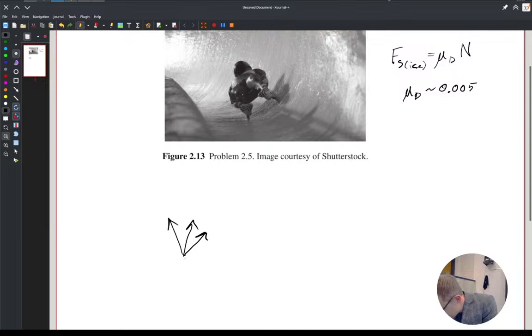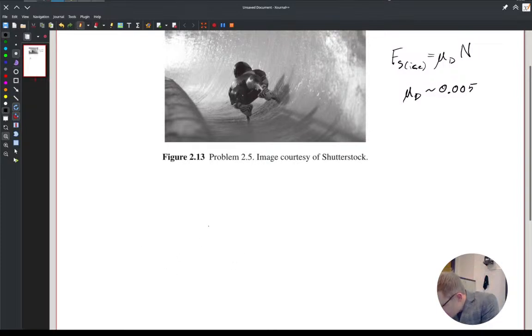I mean, I could put the components of it if I want to start creating some kind of view, but I'm not very good at it, so I just don't bother. So instead, if I'm trying to draw this person and I want to say there's a normal force from that curve, right?